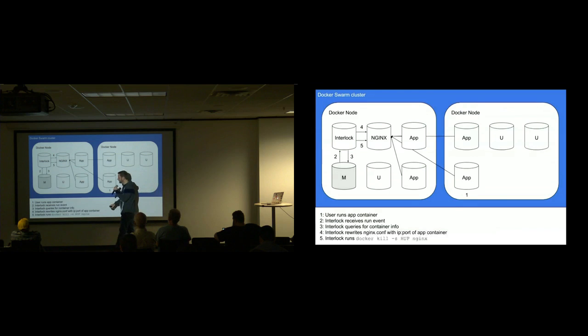And conceptually it's relatively simple. If you run a container, you pop a container and it lands on this node. Interlock is going to see that event coming off the Docker event stream. It's listening to the Docker event stream off the Docker Swarm management container. It then queries the Swarm for more information about the containers, including the one that was just created over here in 1.